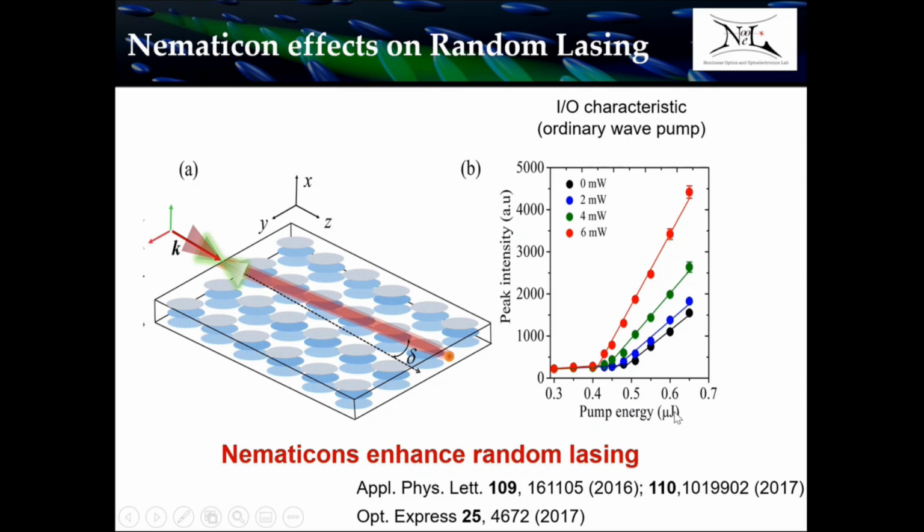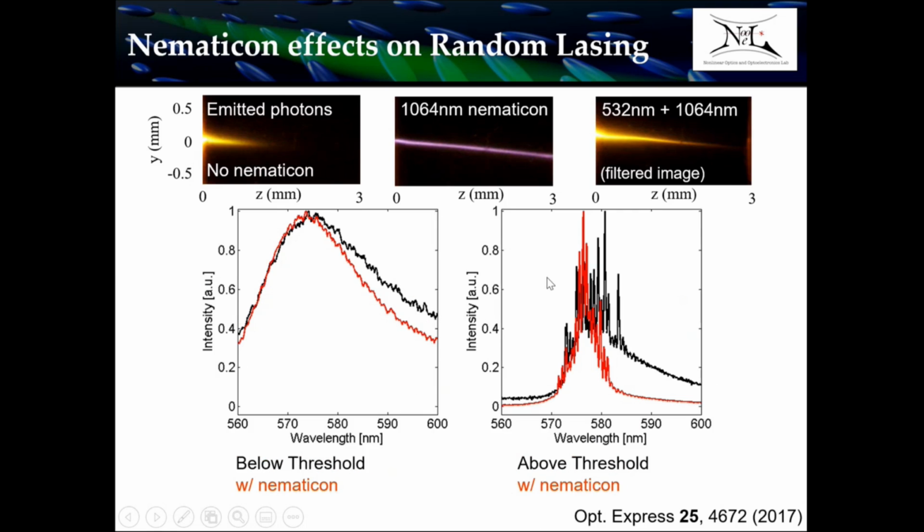So this is a demonstration that guiding the emitted light will increase the efficiency of the random laser in a limited volume in propagation in this 2 millimeter long, planar sample. So nematicons tend to enhance random lasing. You can tell that the efficiency is getting higher and higher here.